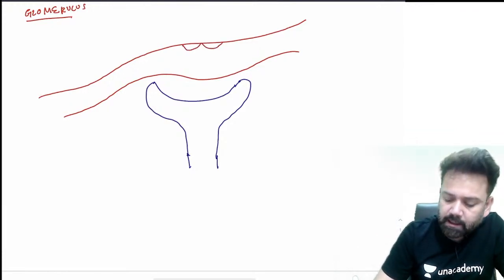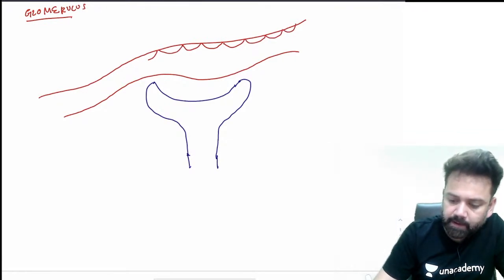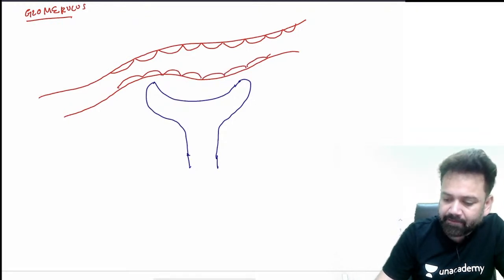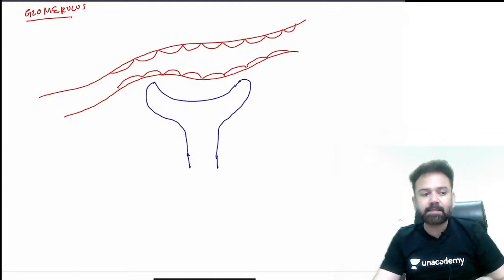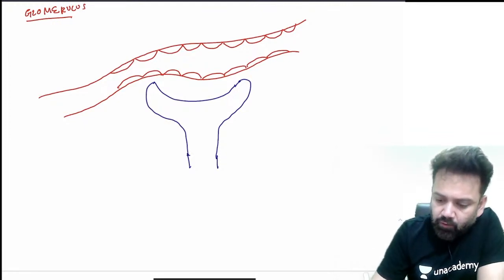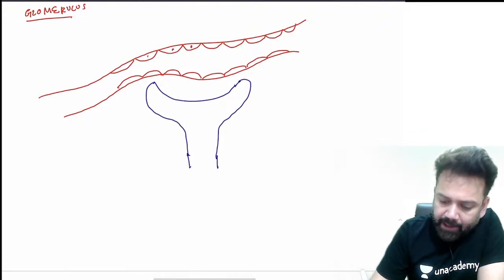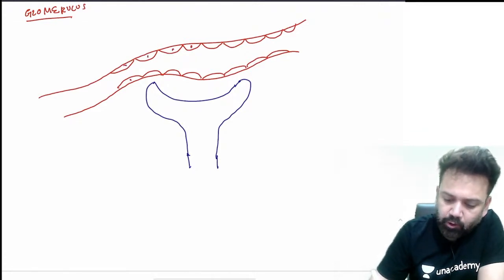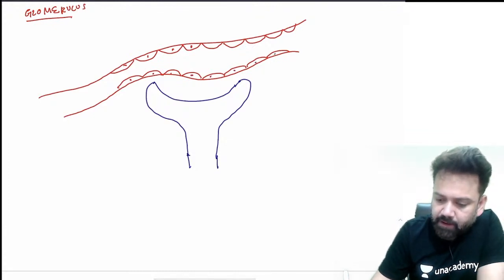These are the endothelial cells of the afferent and efferent arterioles, and these endothelial cells, are they blind or are they fenestrated? What do you think? They are actually fenestrated endothelial cells. So the first layer of the glomerulus is the fenestrated endothelial cell.